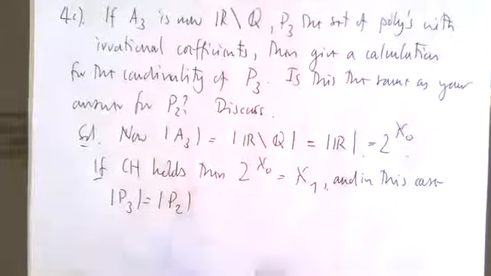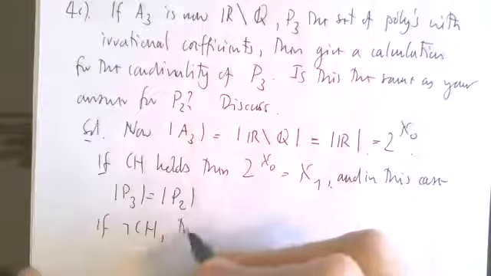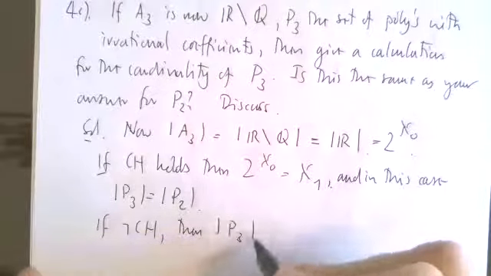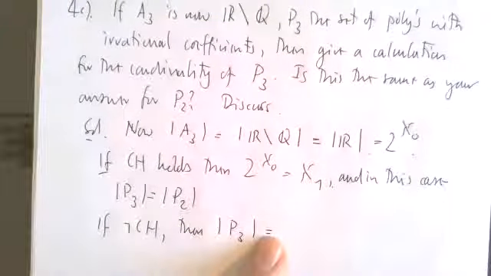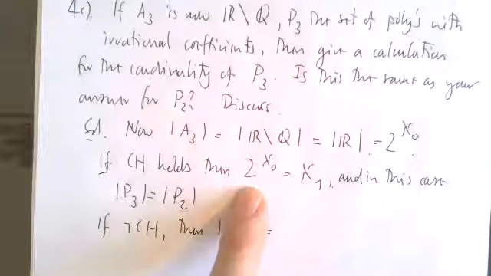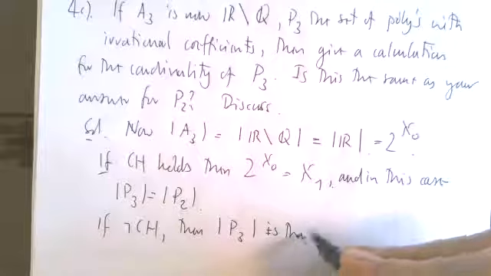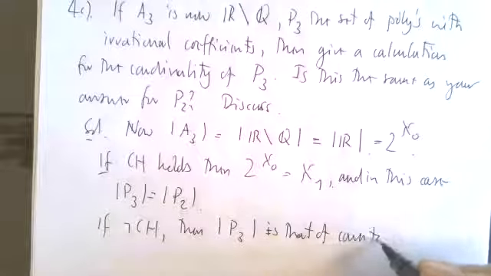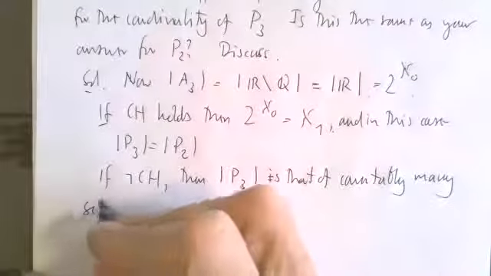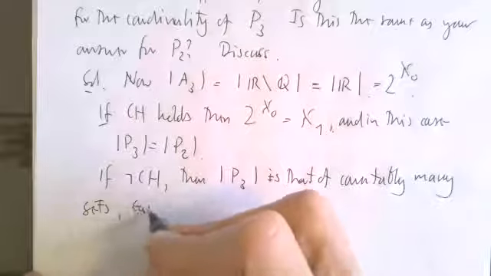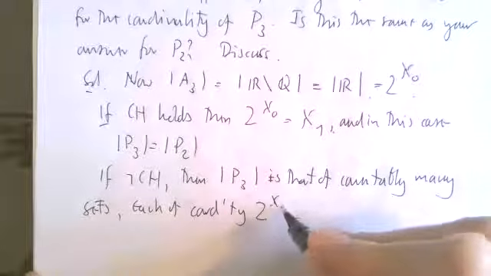But otherwise, if not CH, then what is the size of P3? It's the cardinality of countably many sets, each of size 2 to the Aleph 0. And each of these sets is of cardinality 2 to the Aleph 0.